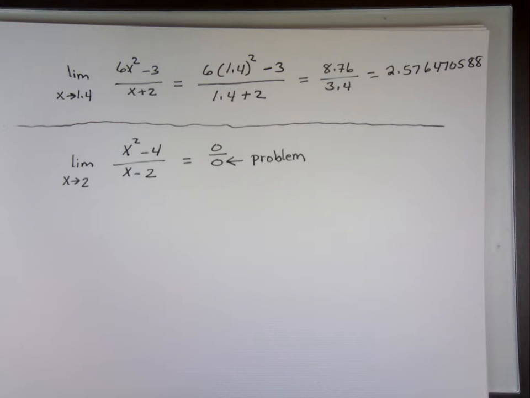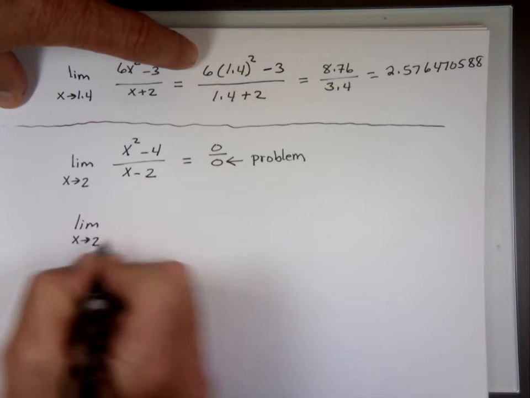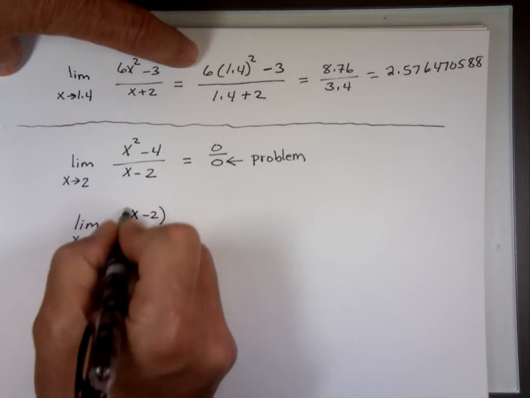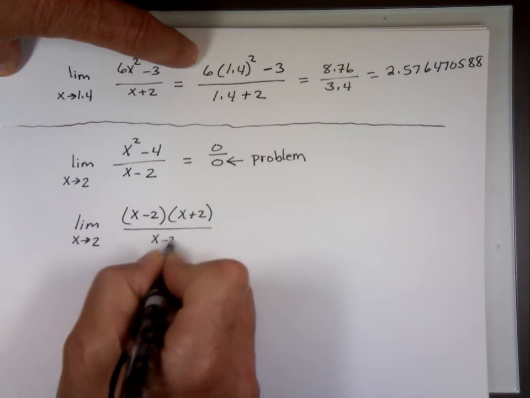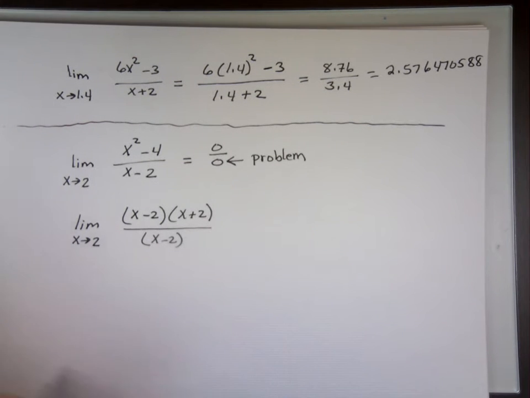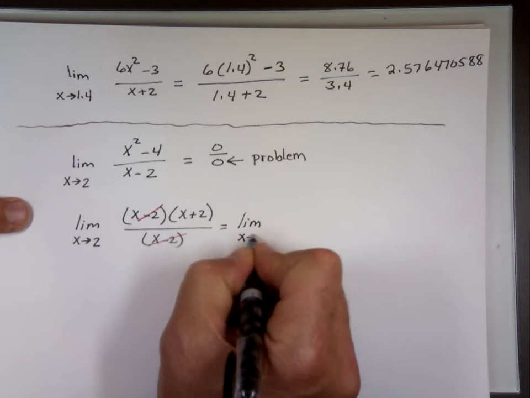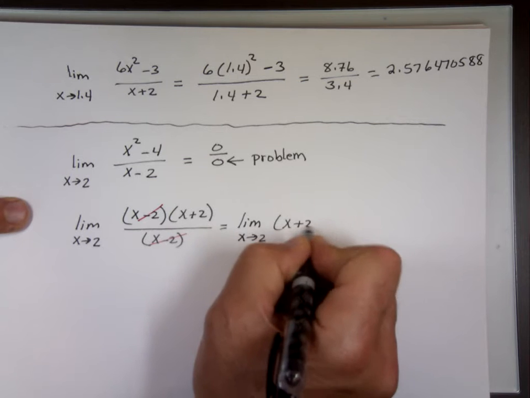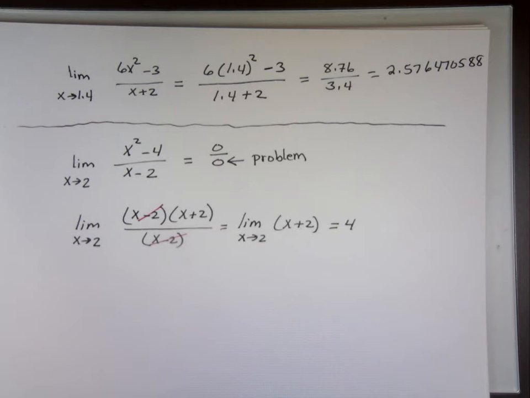Notice if I factor that, you can factor that as x minus 2 times what? x plus 2 over x minus 2. And these two will cancel each other out. Now try direct substitution. What are you going to have? 4. So if direct substitution fails, see if you can simplify the problem first, then try direct substitution again.